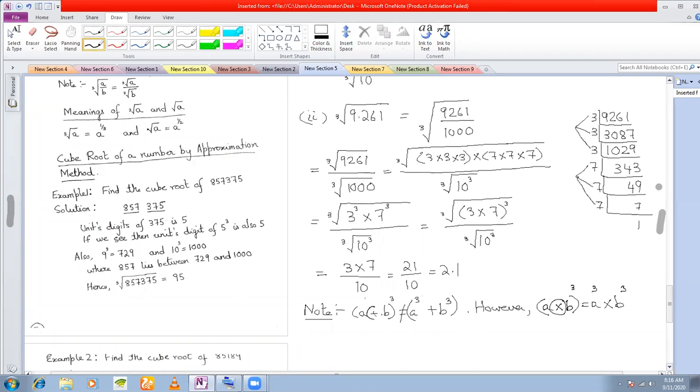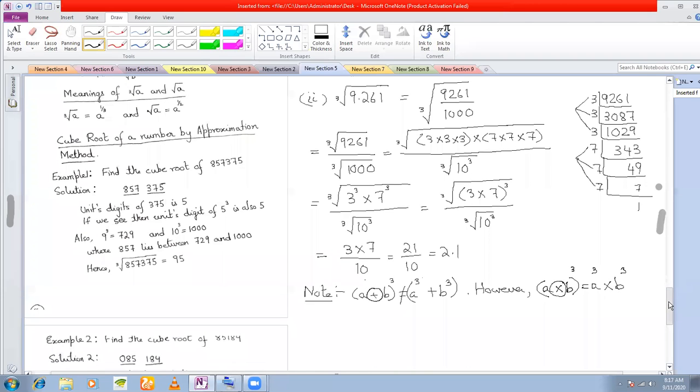But if there is a plus sign here, then you cannot write it. Is that absolutely clear? You have to bear this in mind very, very properly. a into b whole cube you can write as a cube into b cube, but a plus b whole cube you cannot write as a cube plus b cube. Very, very important note here and a reminder also.